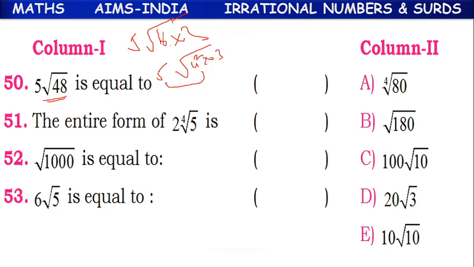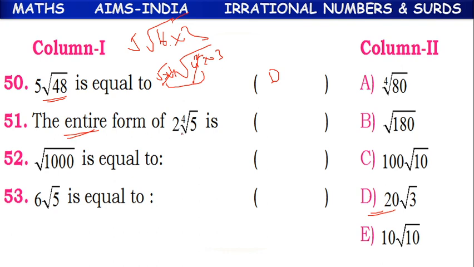So 4 will come out. 4 times 5 is 20, so 20 root 3. So D option is the right answer. Like that, you have to check other options also, but here nothing else is possible. Only D option is the correct answer.